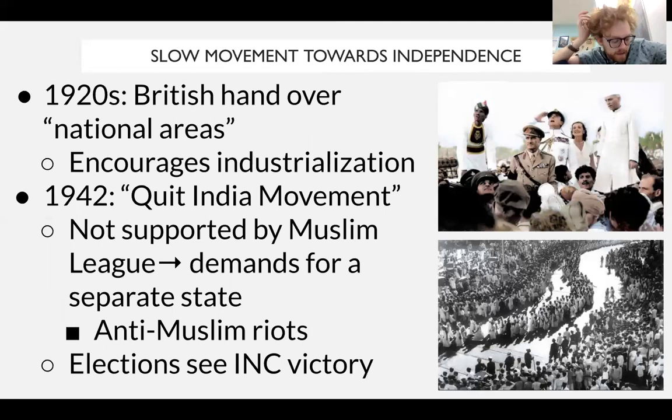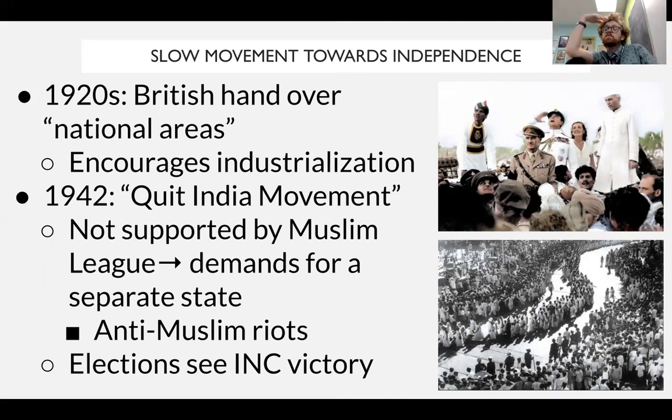But as an effect of Gandhi's nonviolent resistance, the British are going to try to keep the peace as much as possible. They're going to give in to some demands by this independence movement. By the 1920s, the British are handing over the quote-unquote national areas. These include things like major industries and infrastructure. They include public institutions like education and the police force.